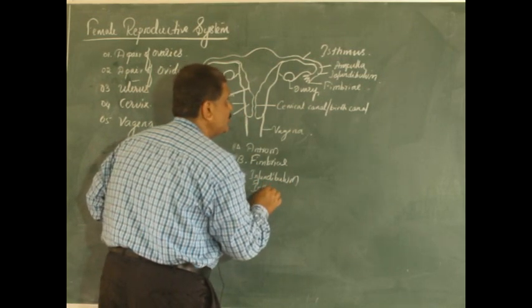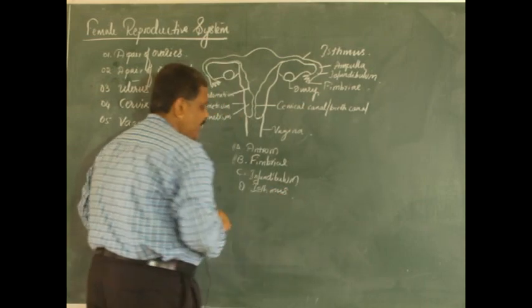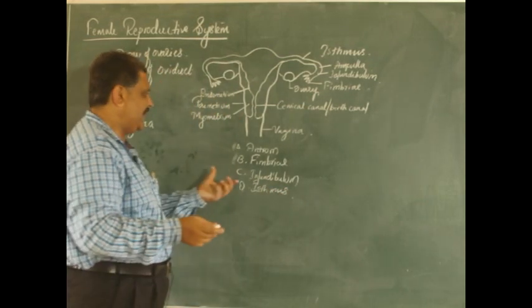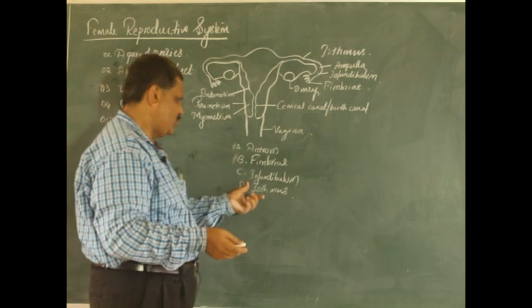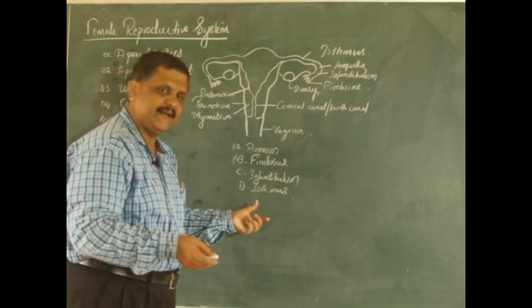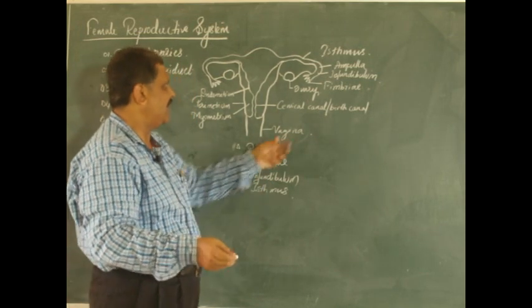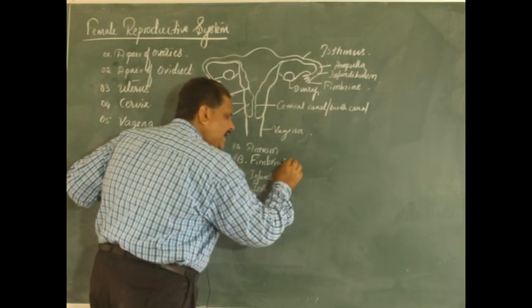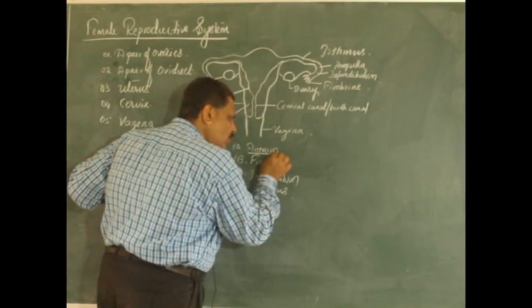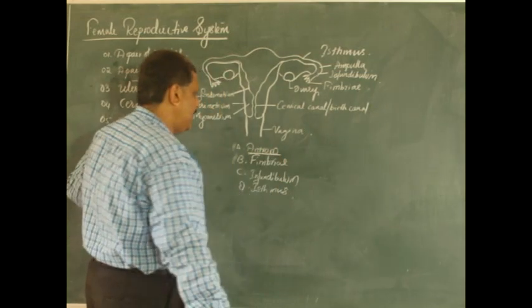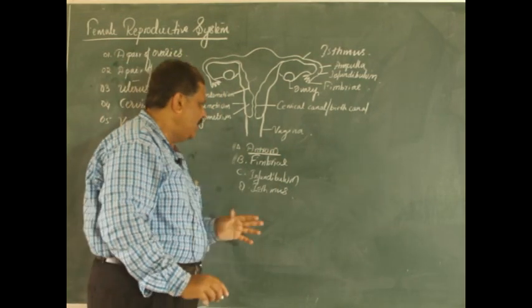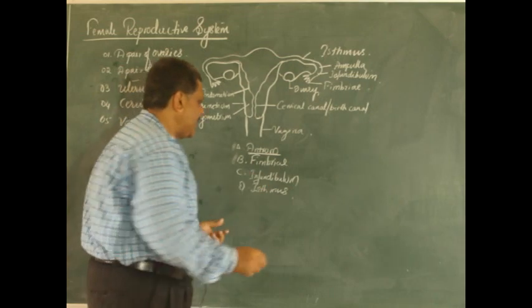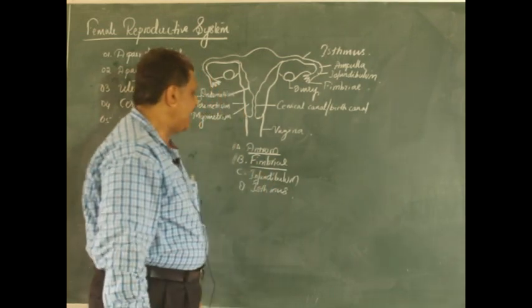Suppose if this is a question, then usually people reject these two. Students know that infundibulum and isthmus are not the part which is very close to ovary, but they are confused. Most of the students don't know the meaning of the antrum, and some students are confused with the fimbriae.